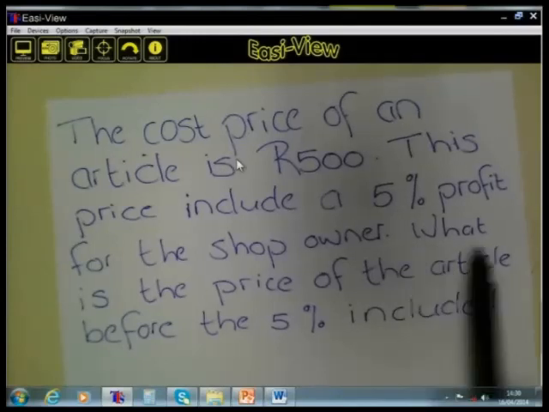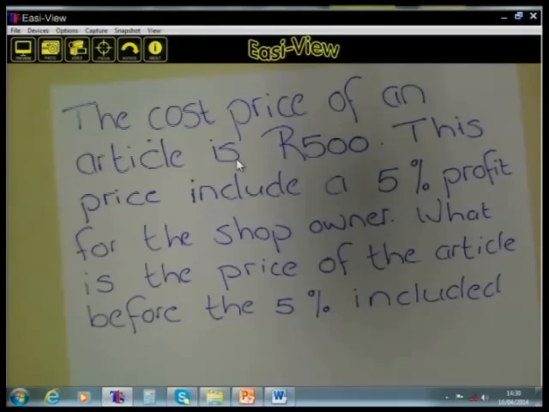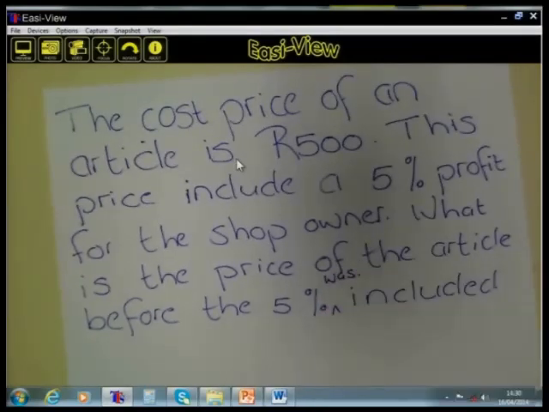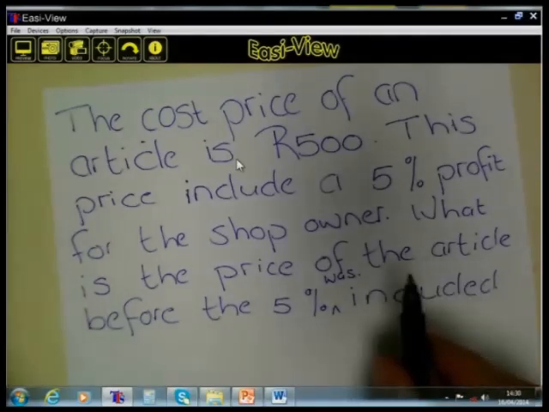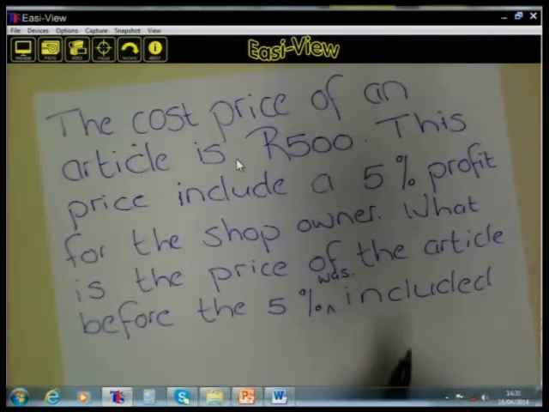The question is now, what is the price of the article before the 5% was included? If I'm going to do that, you ask yourself, was the 5% included? Was the 5% not included? In this case, we can see the 5% is included. So we want to do the reverse calculation.